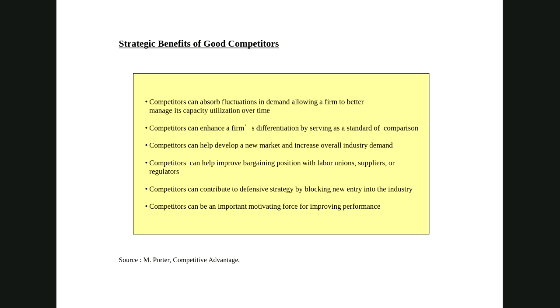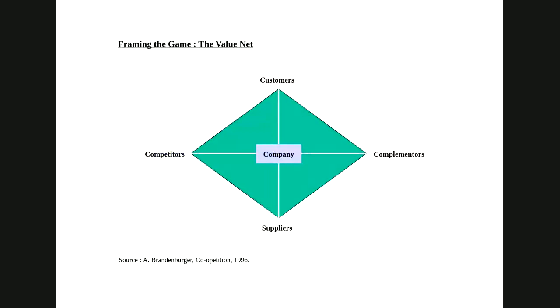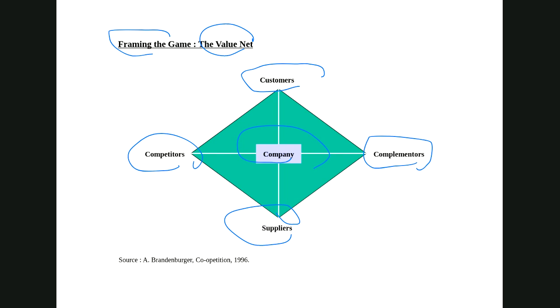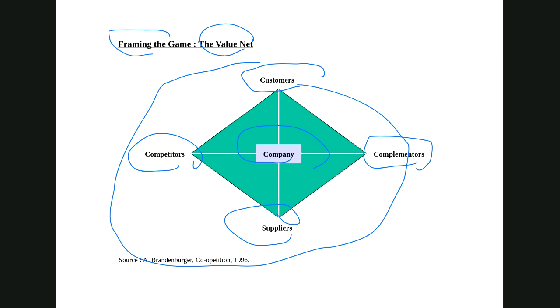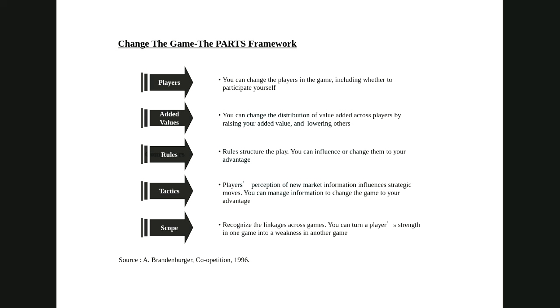Okay, and there is the advantage of having good competitors, and there is the frame of the value net. The value net is customer, company, supplier, competitors, and complementers. This is the value net frame. You can use that. However, that's normal. And there is a very popular PARTS framework in order to make a competitive advantage.